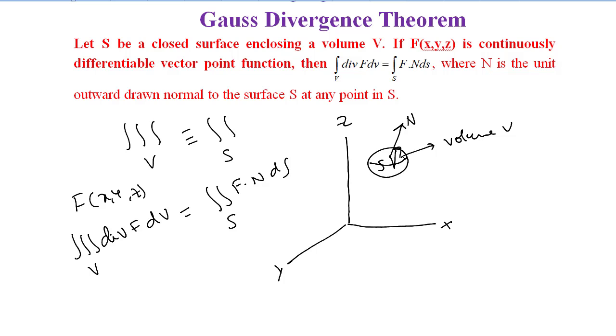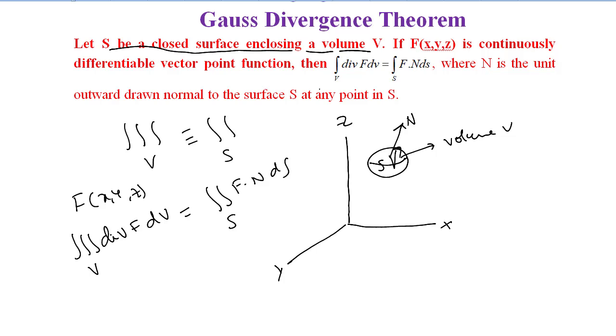Okay, I will repeat again. Let S be a closed surface enclosing a volume V, which is shown in the diagram. F is a continuously differentiable vector point function, so a vector point function is defined on this surface.